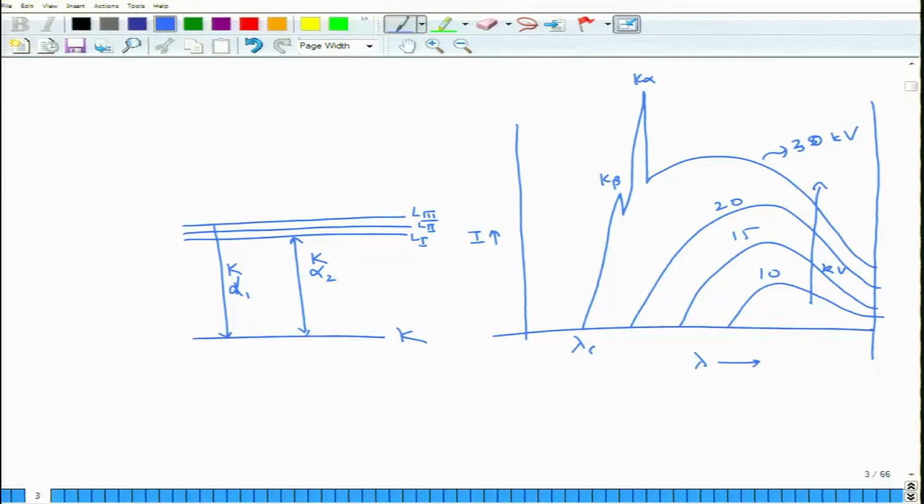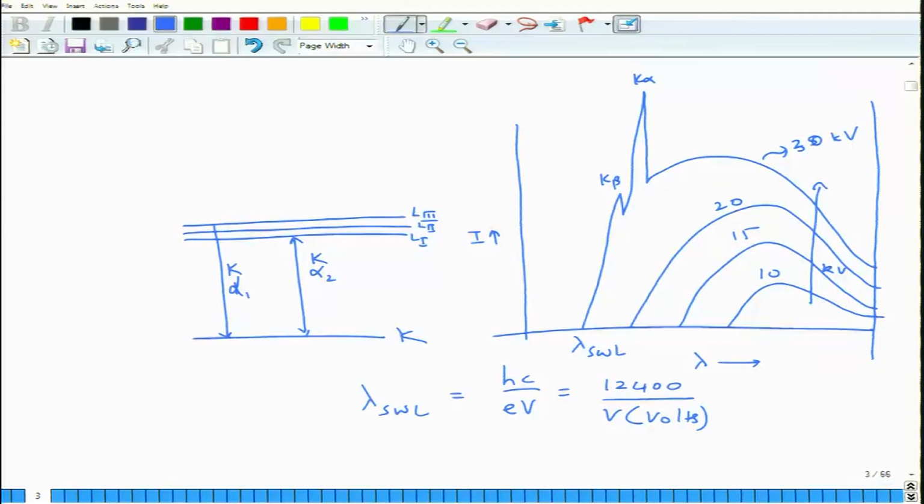The limit of wavelength is called lambda SWL, which I showed you in the last class. This is equal to hc divided by eV, which turns out to be 12,400 divided by V in volts. What happens to that K electron?